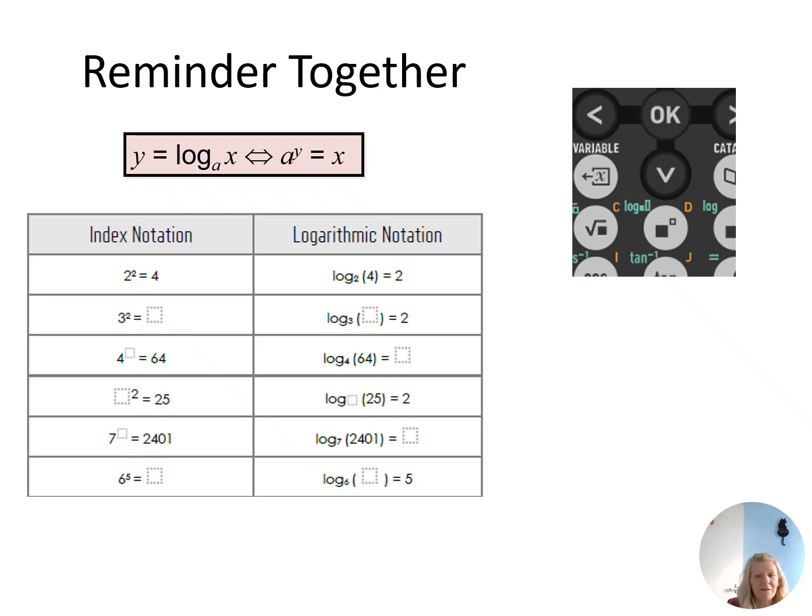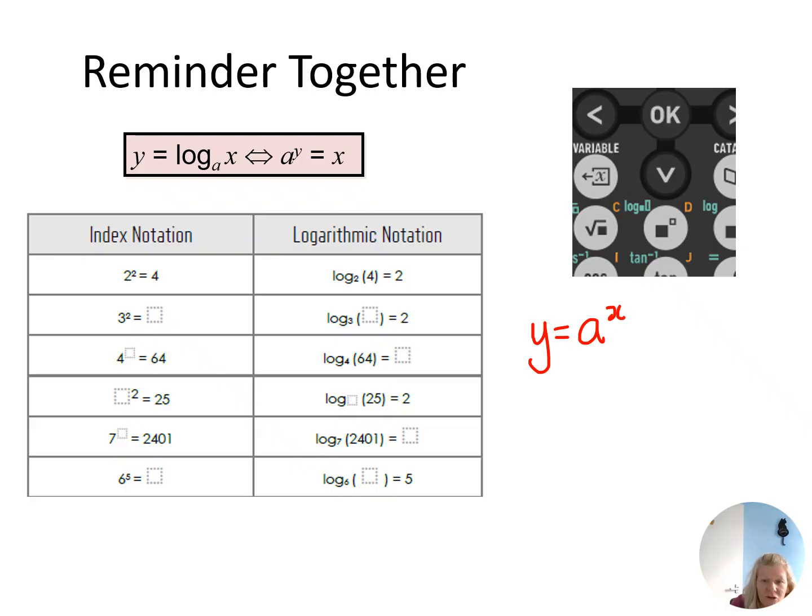Right, folks, we'll carry on from last lesson. We met logs and exponentials mainly last lesson. If you remember, we looked at the exponential graphs, which could be in the form y equals a to the x, where a is a number that we're given.